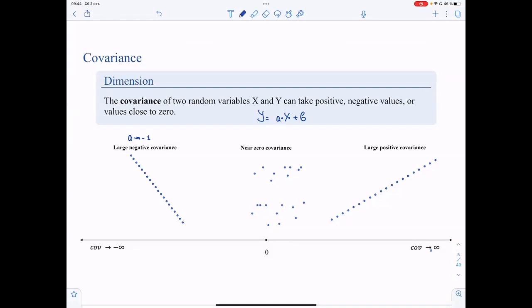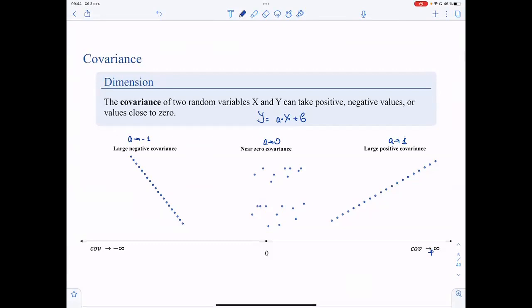If covariance goes to plus infinity, then A goes to +1, because these two variables are going to be purely covariated. And if your covariance tends to be 0, then A tends to 0 as well.